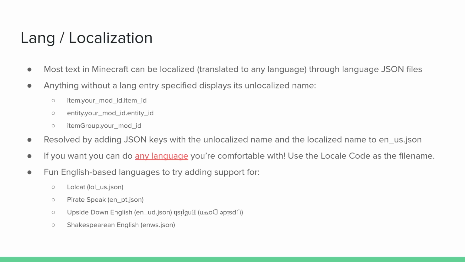All the text is like that. You can actually go change your Minecraft language to that right now if you want. There's also pirate speak, and upside down English, which is literally just upside down. I think it automatically generates that one. I'm not sure. And then Shakespearean English, which is all fancy.